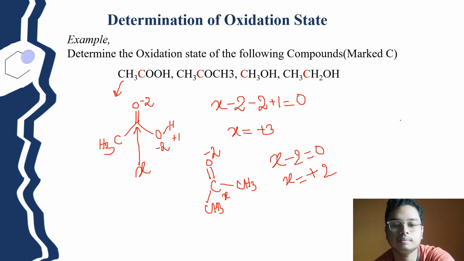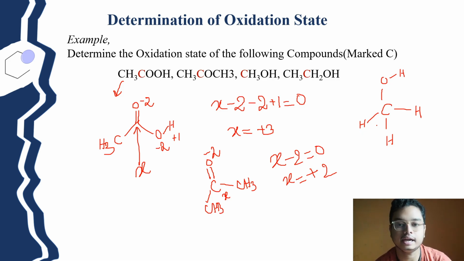Now let's talk about methanol: OH, H, H, and H. Here you can see that the carbon atom has direct bonds with different electronegative atoms, so all are actually counted.